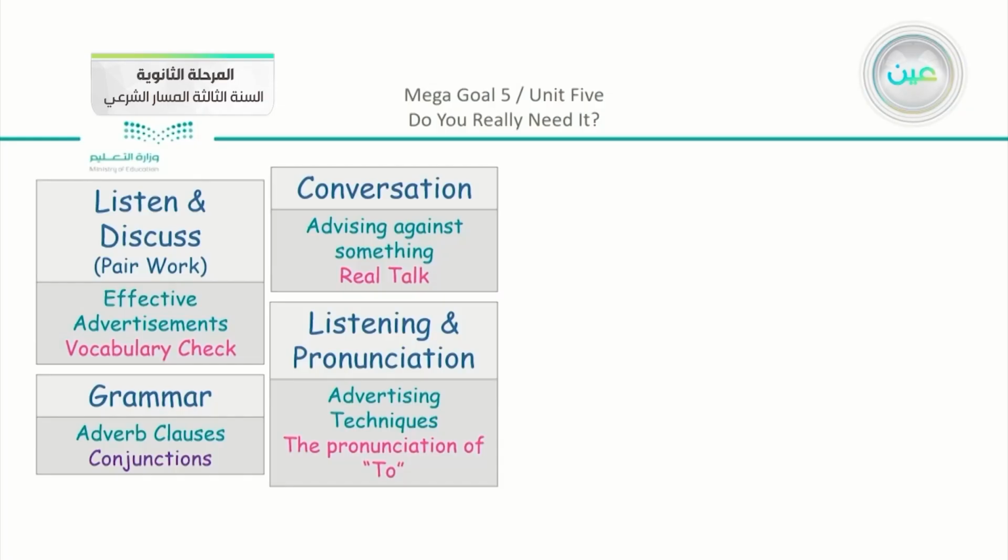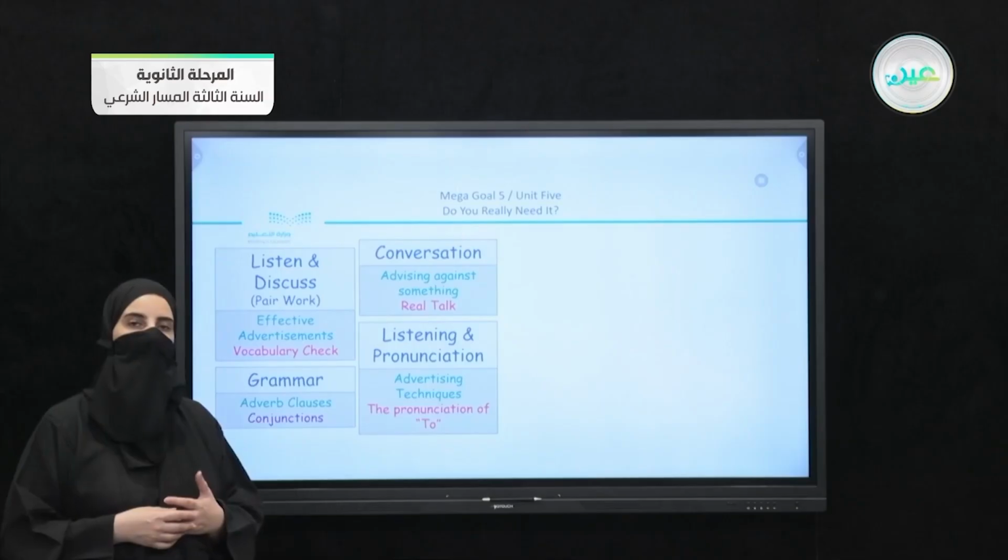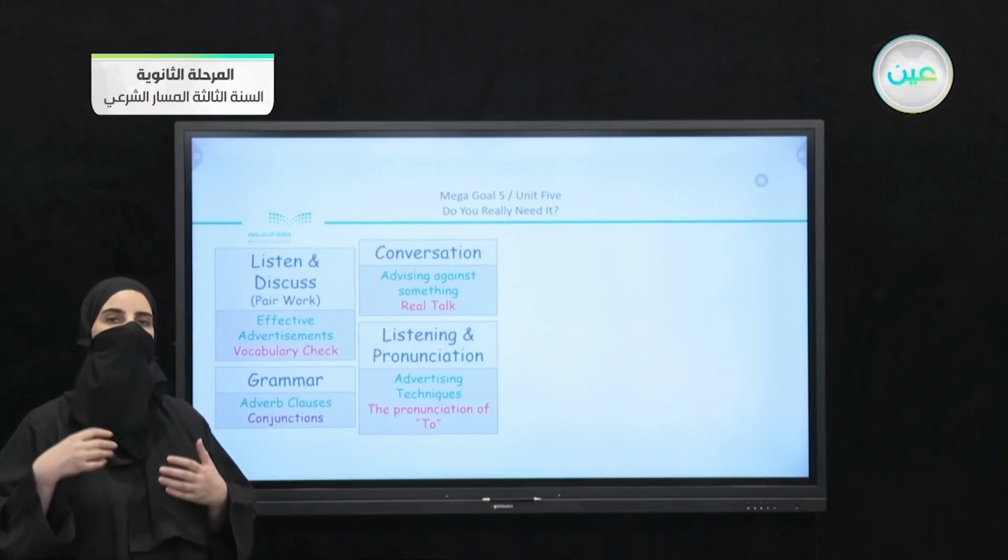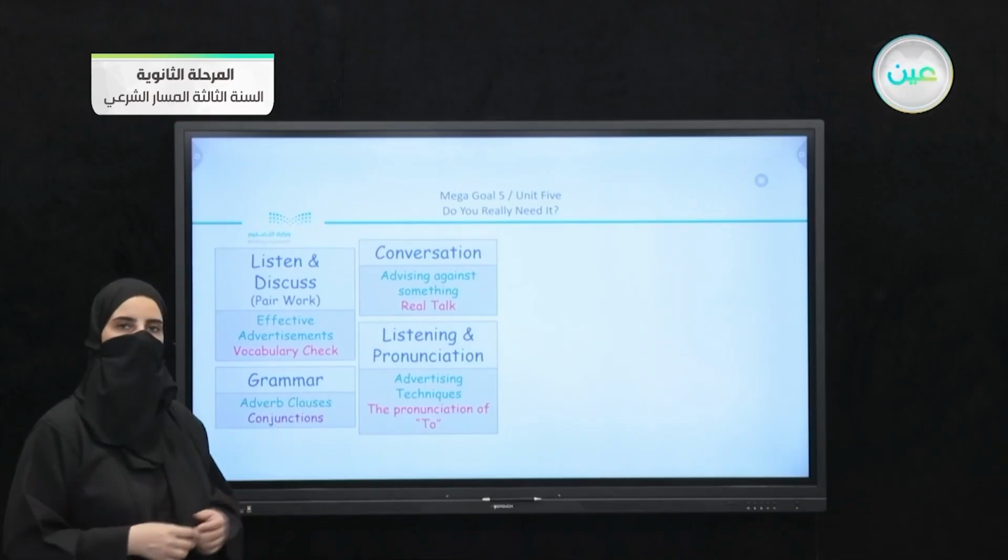After that, in our listening and pronunciation lesson, we listened to different advertising techniques and matched these techniques with the advertisements that we listened to. After that, in the pronunciation lesson, we learned different ways to pronounce the word to.